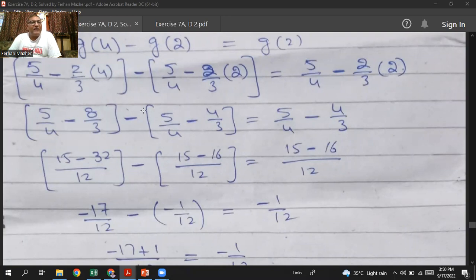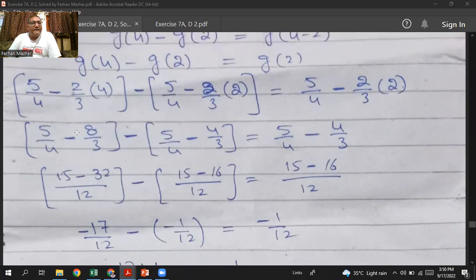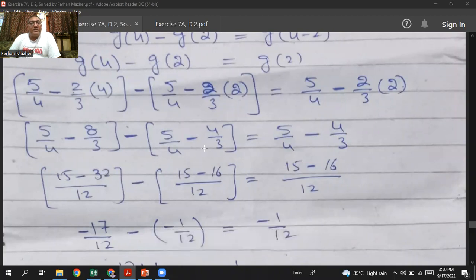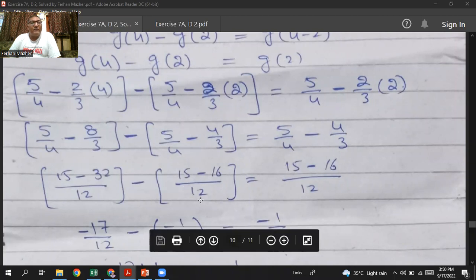So you will have here 5 by 4 minus 8 by 3 minus square bracket 5 by 4 minus 4 by 3, square bracket close, equals, this will become 5 by 4, this will become 4 by 3. So I will take the LCM here. The LCM here is 12. So it will become 5 minus 32 in this square bracket, minus square bracket. Here you take the LCM, it will be 12.